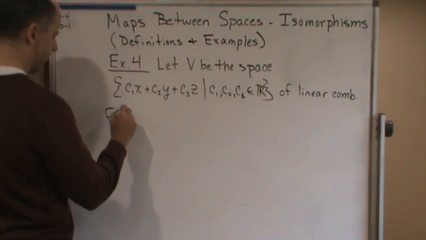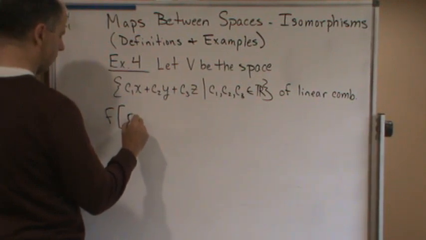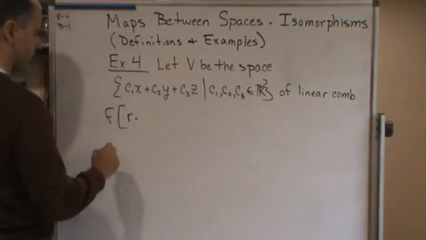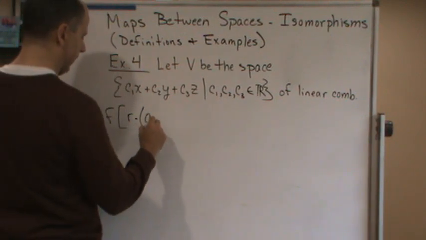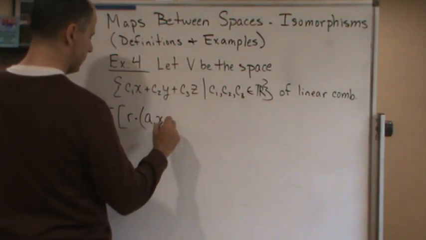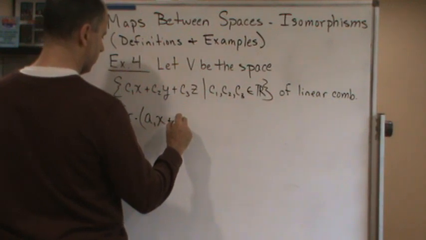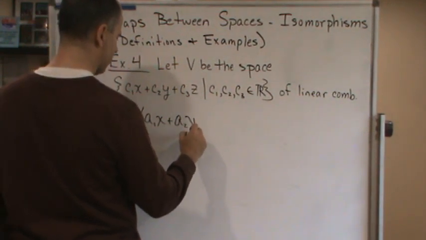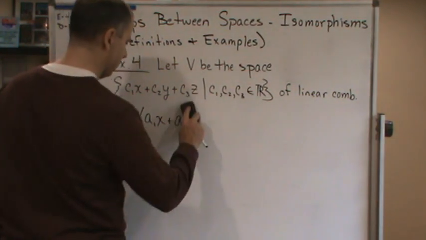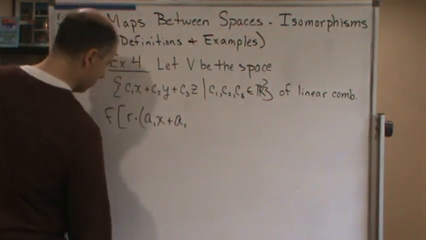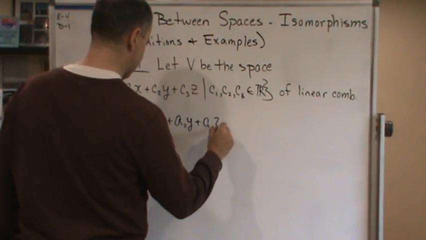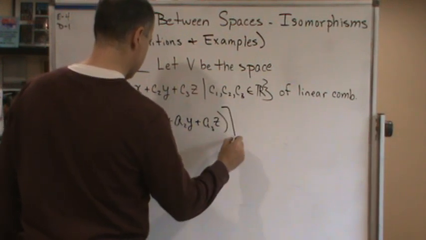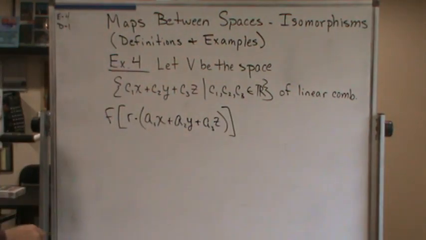So let's start with f of r times a1 times x plus a2 times y plus a3 times z.